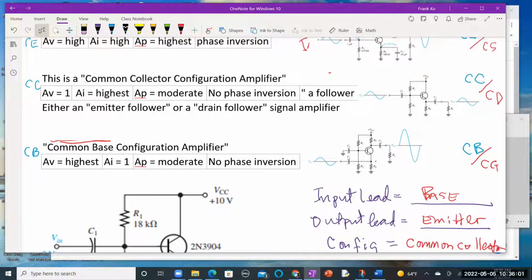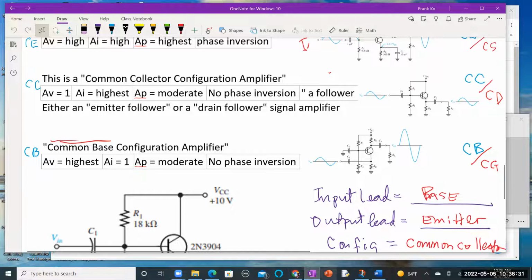No phase inversion. Voltage gain is what? AV is change in output over change in input, 1. Oh, it's 1. It's simply stated, summarized as 1. Current gain is? Highest. Power gain is? Moderate. And there's no phase inversion, as typically called a follower circuit, yeah?